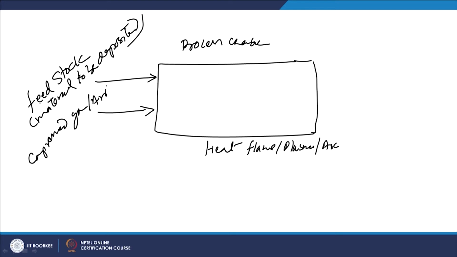So the feedstock mostly is used in form of powders, but it can also be used in form of wires. So, the feedstock is fed into the process chamber where we have heat coming from the flame or the plasma or the arc, and here the feedstock is heated.